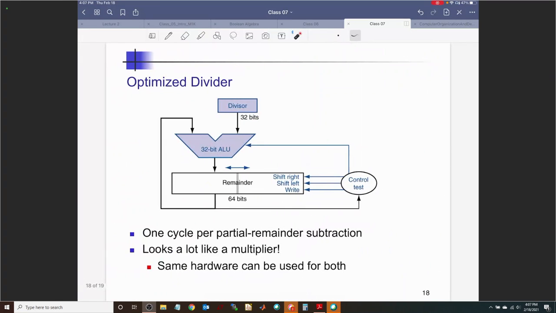Now this is your optimized divider. Things are very similar in this case. The remainder register is now 64 bits with the right half having the quotient. Right? The right half of the remainder register is being used as quotient, and that is getting shifted right and thrown away to make at the end your remainder as your 64-bit result.